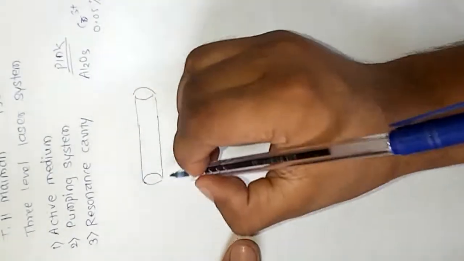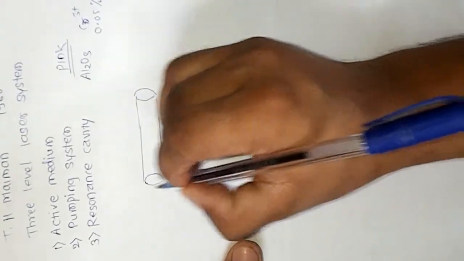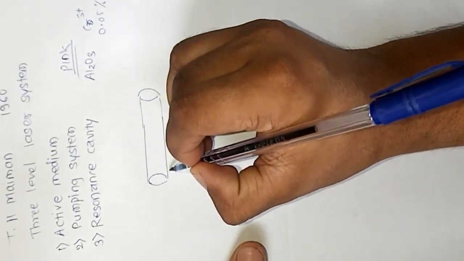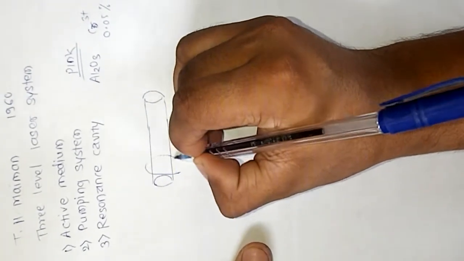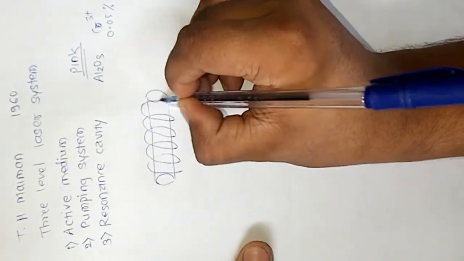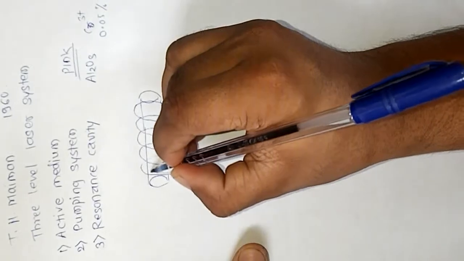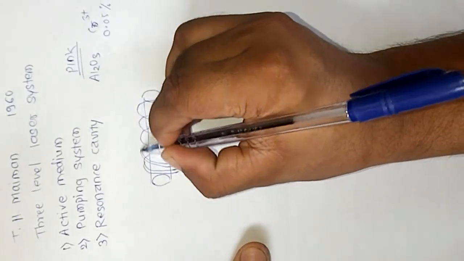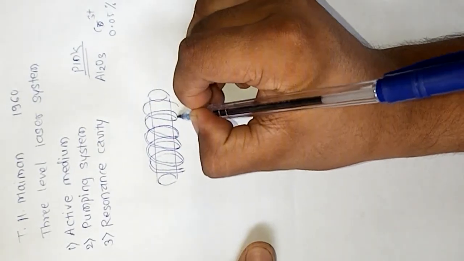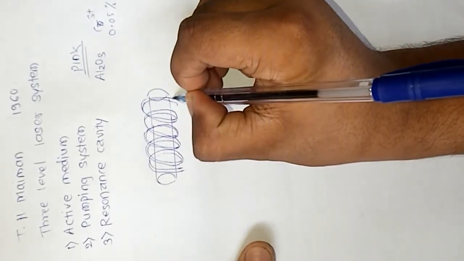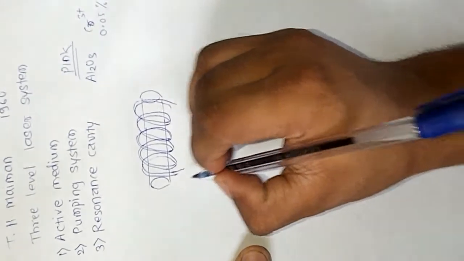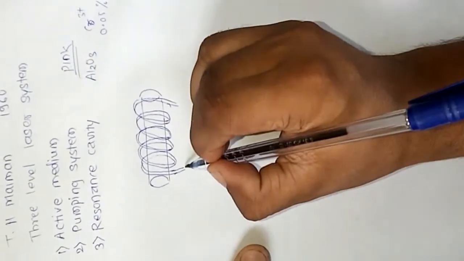Now this ruby rod is surrounded by a helical xenon flash lamp like this, or we also call it a flash tube, with a power supply.